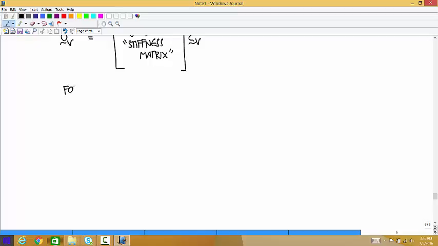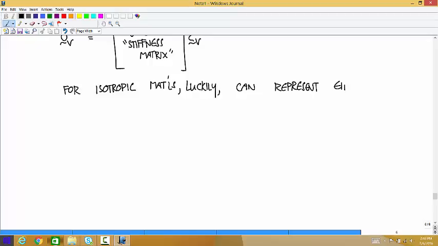So for isotropic materials, and that's one of our assumptions, luckily, you can represent either of these 2 matrices in terms of only 2 parameters.